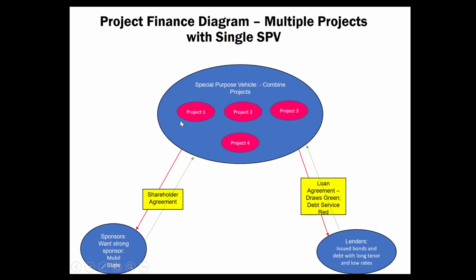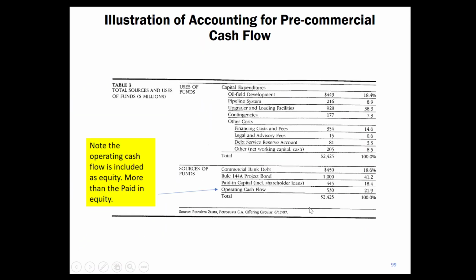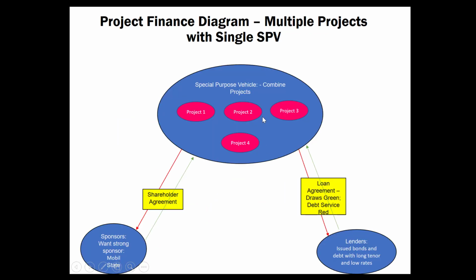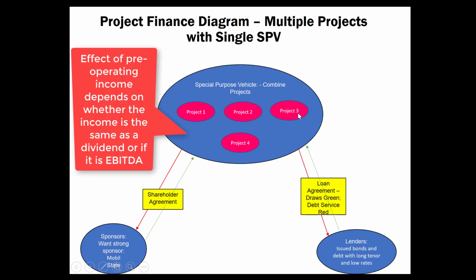The interesting thing is that from an accounting perspective, project 1 has some income, 2 has some income, 3 has some income, and then we can be calling this income equity. Does it make a difference whether we take dividends and fund the project, or is it better to put the projects on a consolidated basis and do this?